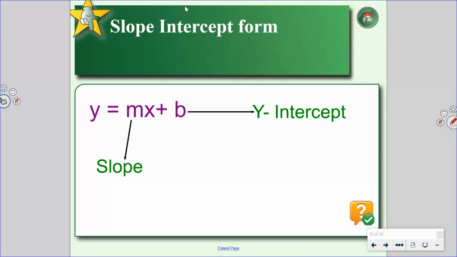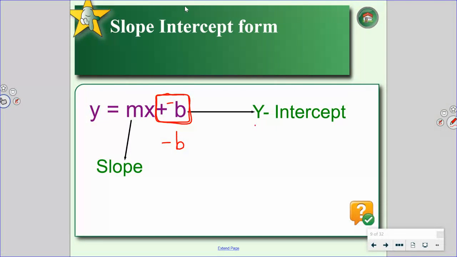Now, perhaps you noticed, if you didn't, pause the video, rewind back to those two examples that I just did, where I was asking you, do you notice a pattern? I hope so, because the y-intercept is always that constant term at the end. Sometimes it's positive, sometimes it's negative. You could write it as plus a negative b, or you could simply write subtract b.